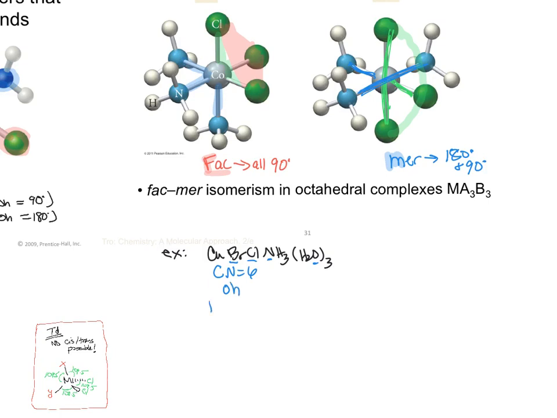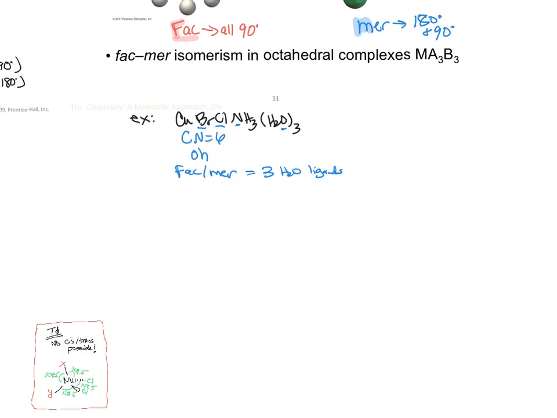The reason I recognize that I have fac-mer isomers is because I have 3 H2O ligands. So let's go ahead and draw these. I always start with my metal center, Cu, line, line, wedge, wedge, dash, dash. And let's start with the fac isomer, all 90 degrees.